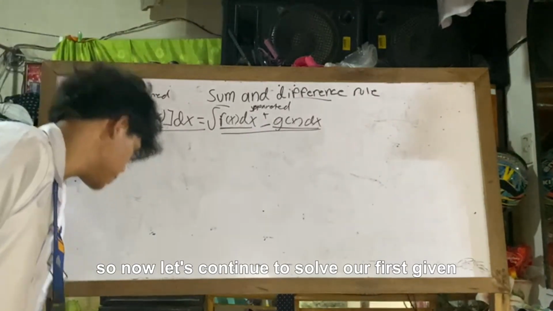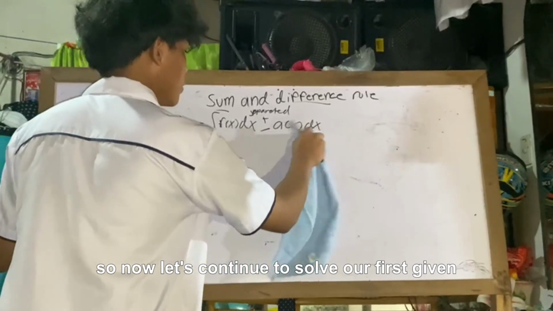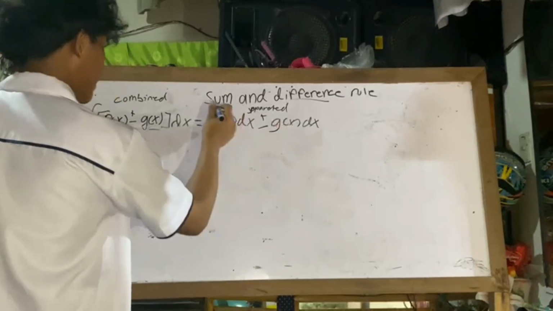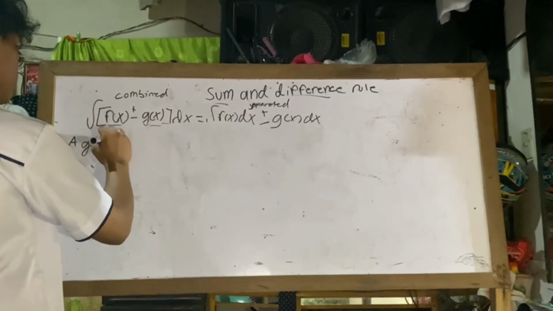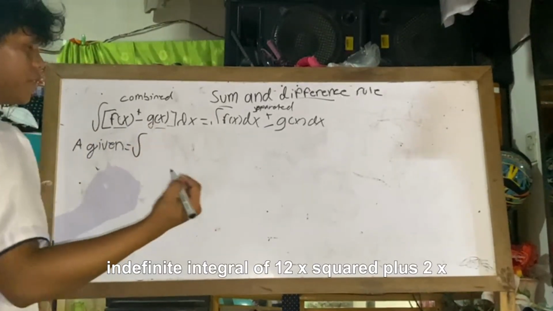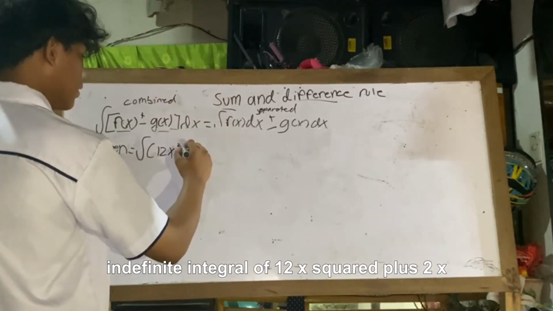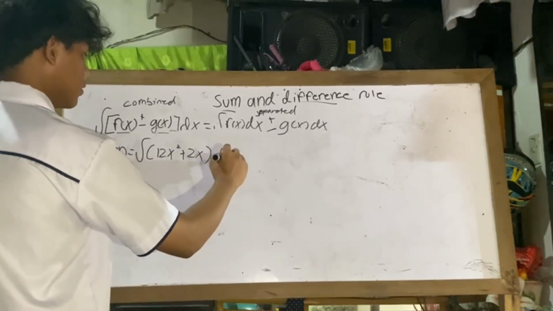Now, let's continue to solve our first given, which is our sum. Our first given will be the indefinite integral of 12x squared plus 2x dx.